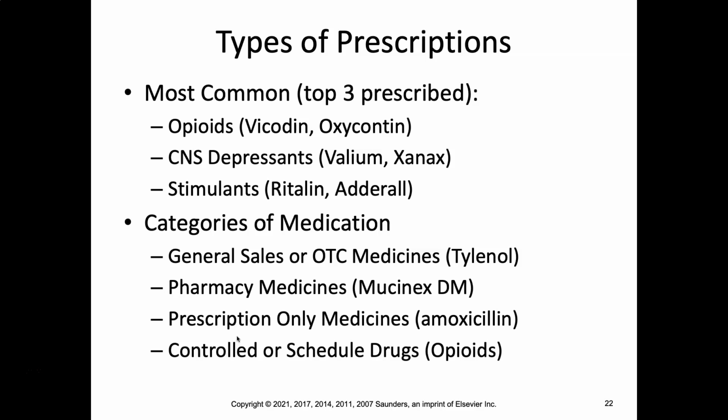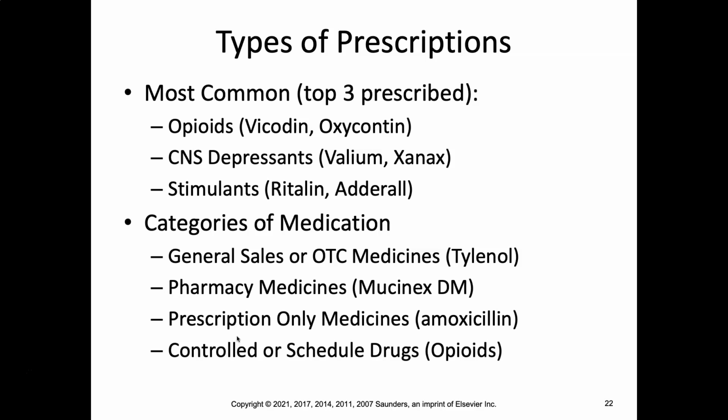They would sell it to you without a prescription, of course, because it's an over-the-counter medication, but they would scan your driver's license and track how much you were purchasing, to try and identify where people were purchasing huge volumes of this stuff, probably for nefarious reasons. So that would be an example of a pharmacy medicine.